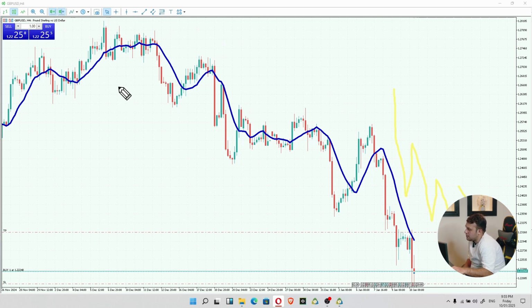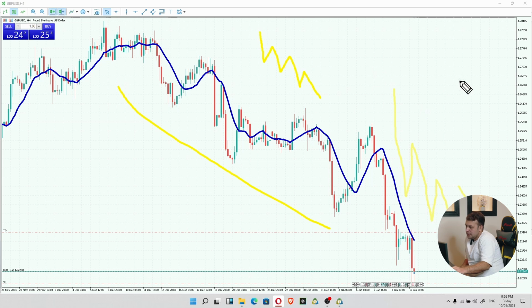Market is never going to come down straight in one direction. It will always come down, up, down, up, down. This is the basic structure of price movement. And in technical analysis, we basically analyze this movement of the market.